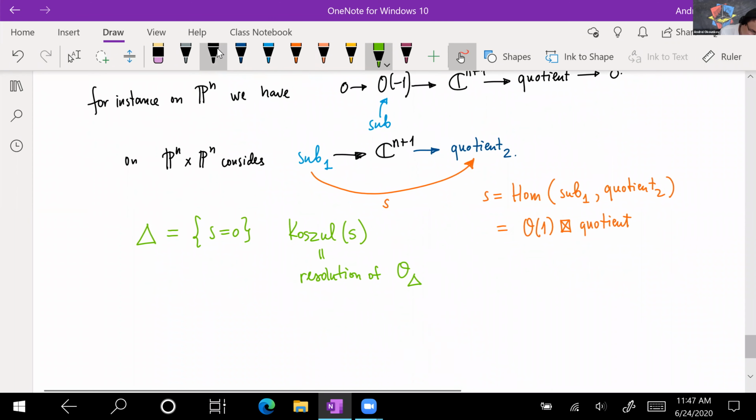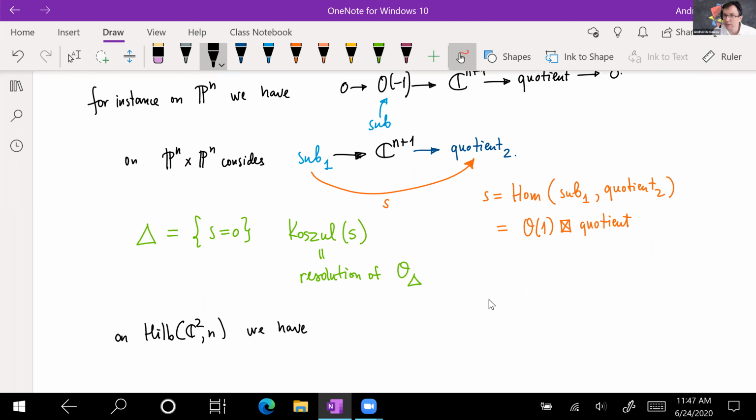But we often think that maybe the first really interesting variety is the Hilbert scheme. So on the Hilbert scheme of points on C^2, we also have a tautological sequence. It's slightly infinite dimensional, but it somehow doesn't matter. You take all functions on C[x1, x2], which are subject to the quotient.